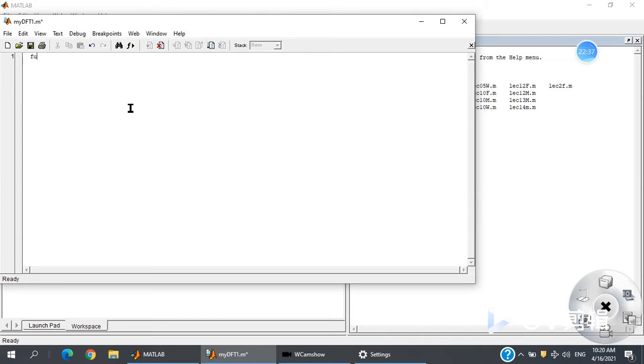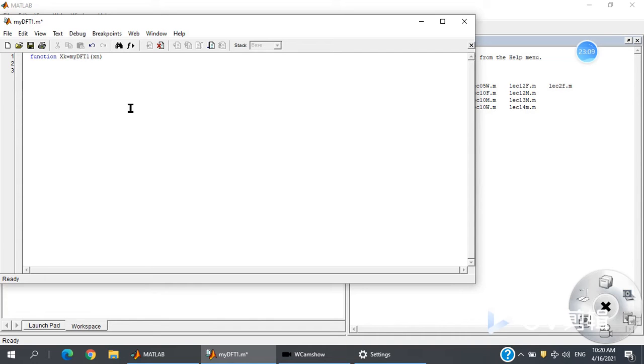This is a function, myDFT1. It will return a capital X, and the input is a lowercase x, or I put the n, and it is capital X K. Alright. So I want to find the DFT of lowercase x n.